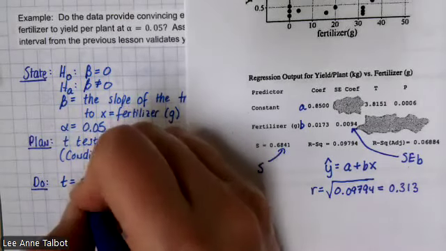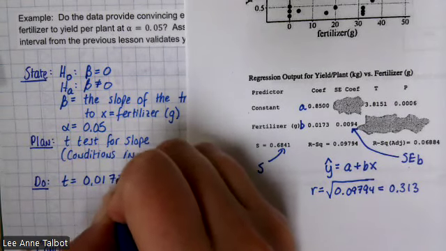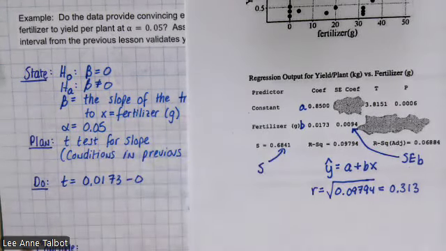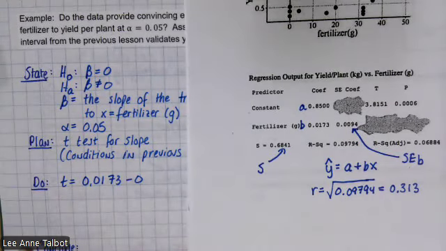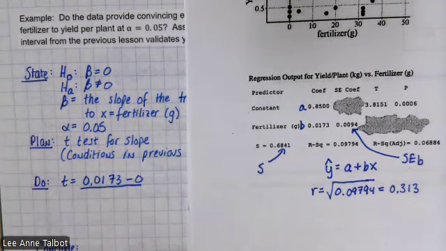Yep, 0.0173 minus 0. What is the standard error of the slope?